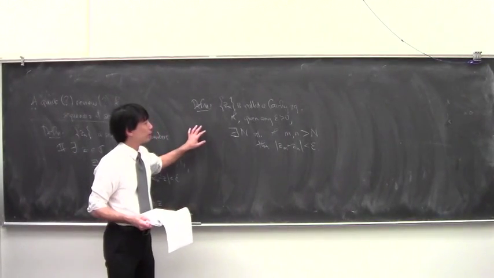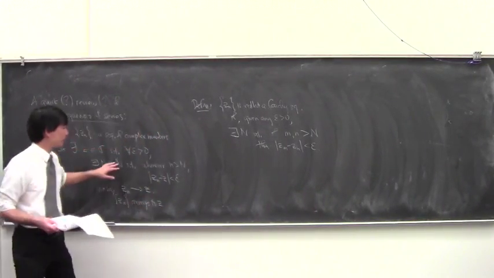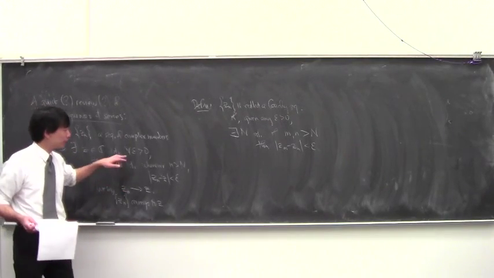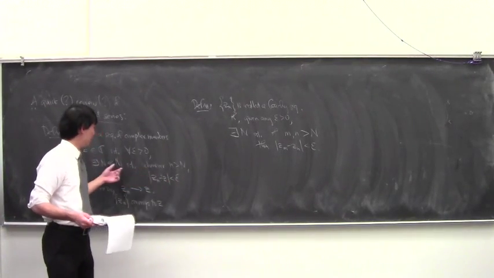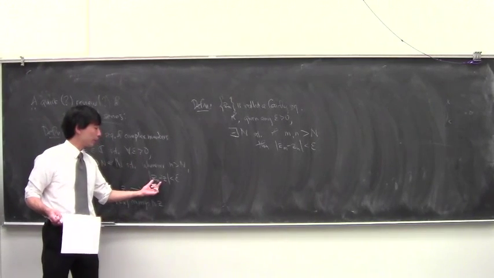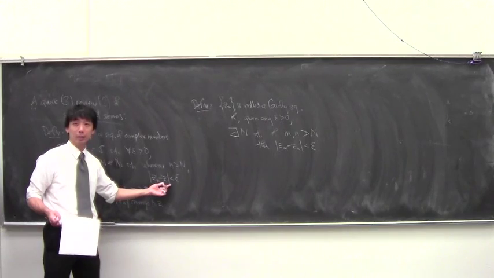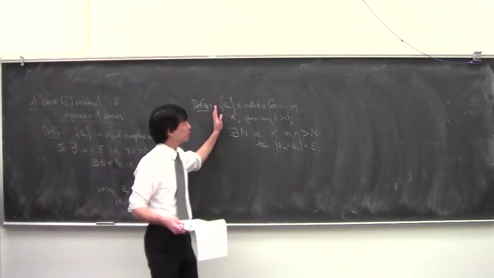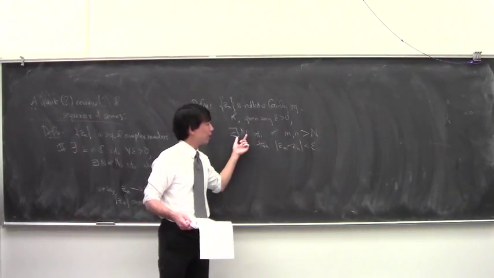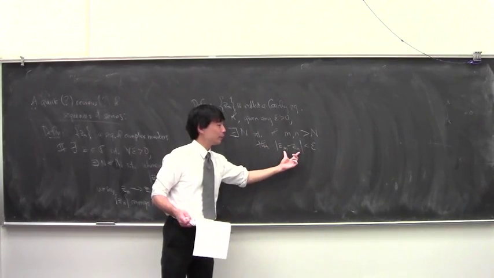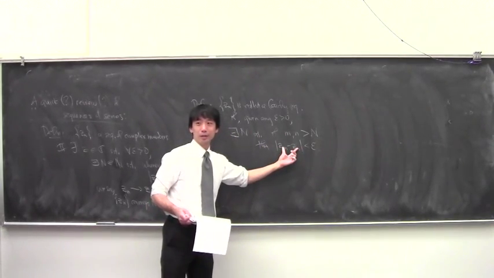Okay, so a convergent sequence means that, given any epsilon, you can guarantee there's a time past which everybody is within epsilon of the limit. Cauchy sequence means that given any epsilon, there's a time past which everybody is within epsilon of each other.